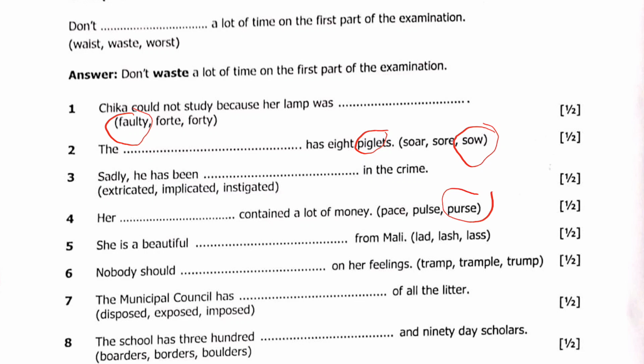She is a beautiful lass from Mali. The answer is the third one, lass. A lass is a girl or a young woman. So the answer is the last one here, lass.